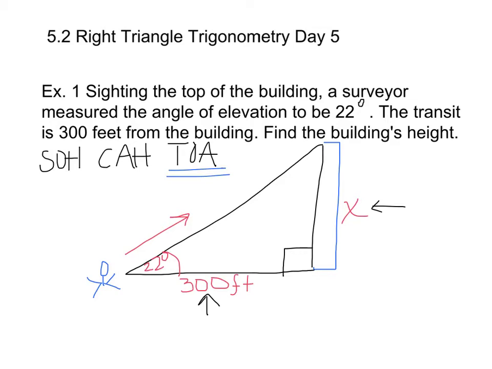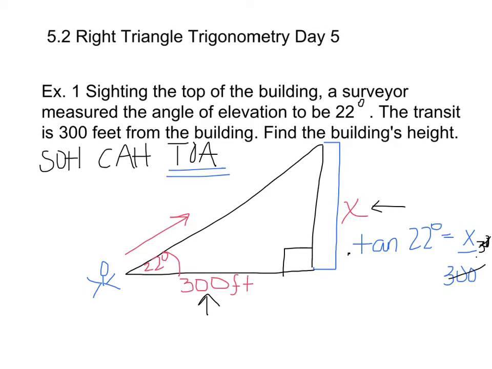So just like in the previous section, we're going to do tangent 22 degrees equals opposite over adjacent. And then you're going to solve for x, making sure that your calculator is in degree mode. And so once you solve for x, you would multiply both sides by 300.